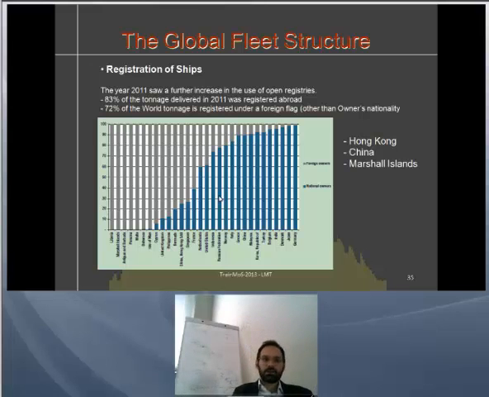Further to that, in the last few years there has been a substantial increase in registering in countries like Hong Kong, China and the Marshall Islands. And this is also due to a big domestic increase in ownership in China and the Far East.